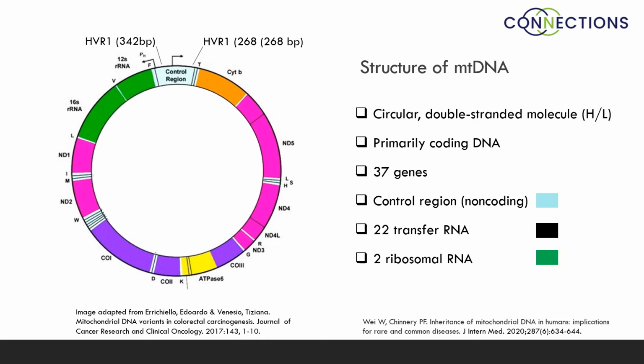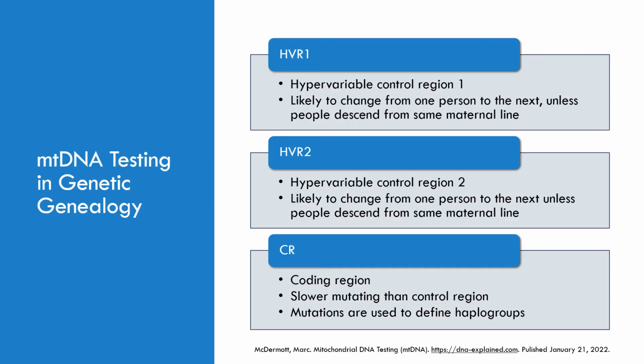As you may recall from previous slides, the structure of the mtDNA molecule contains a control region and a large coding region. In the control region, there are two hypervariable regions, 1 and 2. All of these elements are tested for genetic testing of individuals.